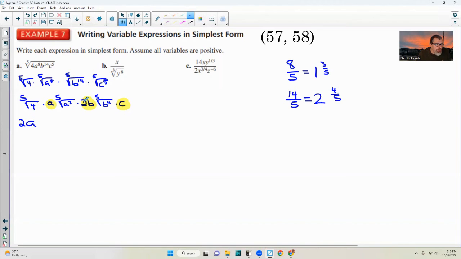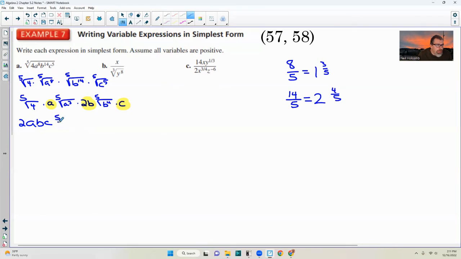So it's the number first, 2, and then the variables in alphabetical order. So it'd be 2abc. What I was going to write at first was a times 2b times c, but rearranging this, you can move the 2 in front and it's 2abc. And that's the way we're supposed to represent it. Number first, then variables. So it's 2abc.